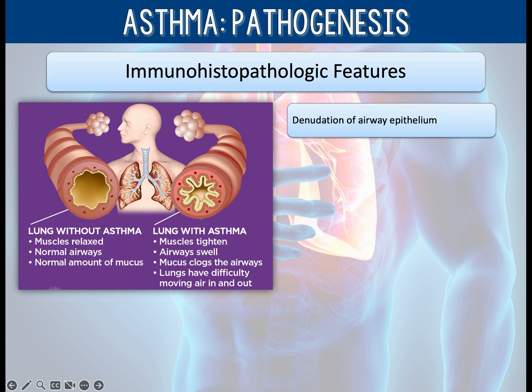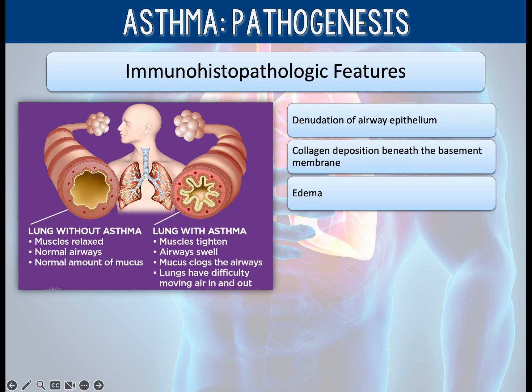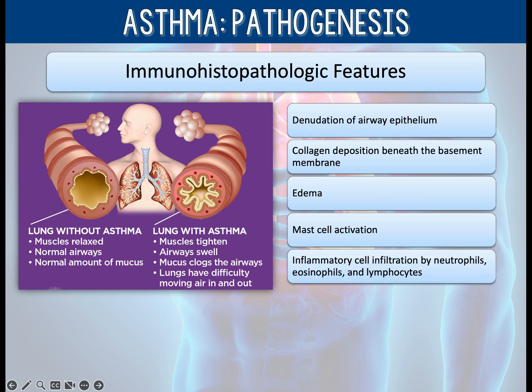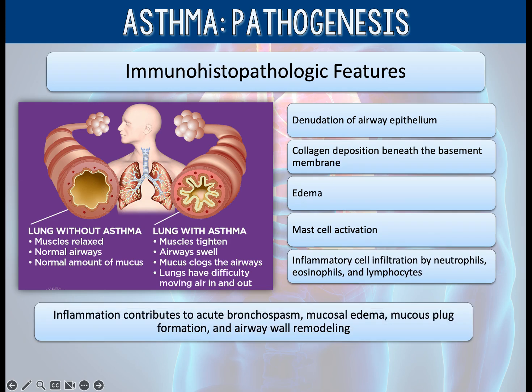And when they're stripped, it's obviously not a good thing because you need the airway epithelium, right? So there is collagen that is deposited into the basement membrane, then edema follows, then you have mast cell activation, and then you have these inflammatory cells that are infiltrated by neutrophils, eosinophils, and lymphocytes.